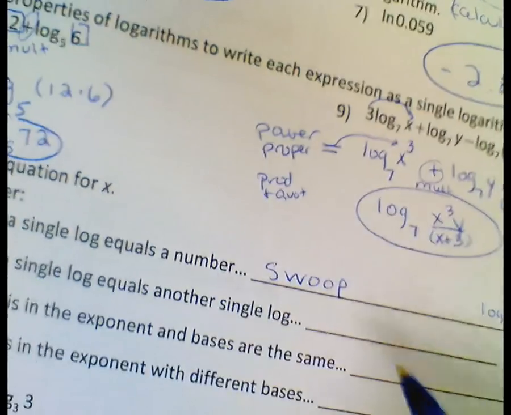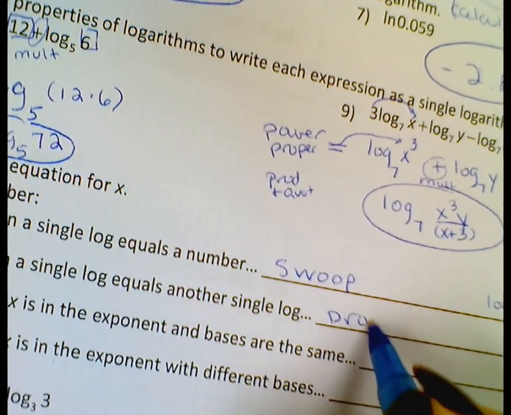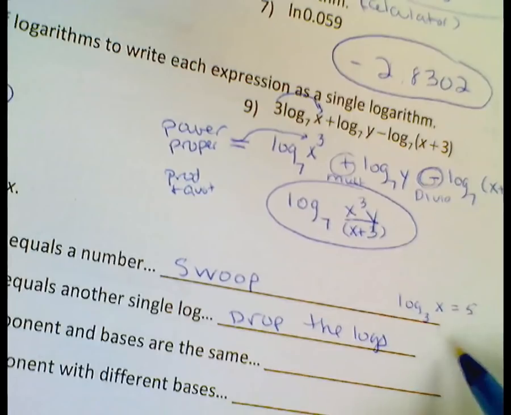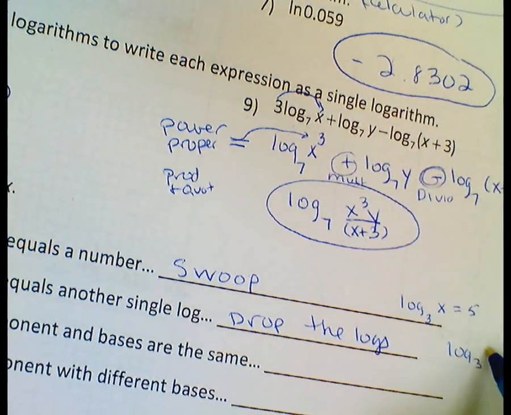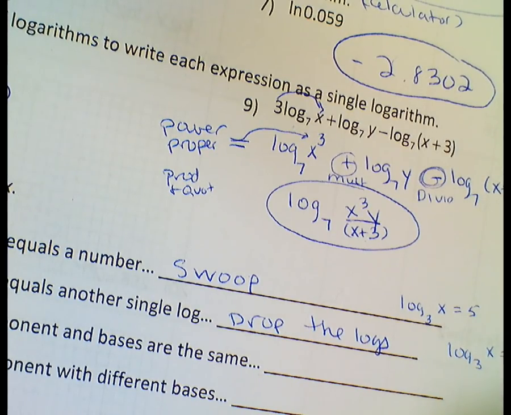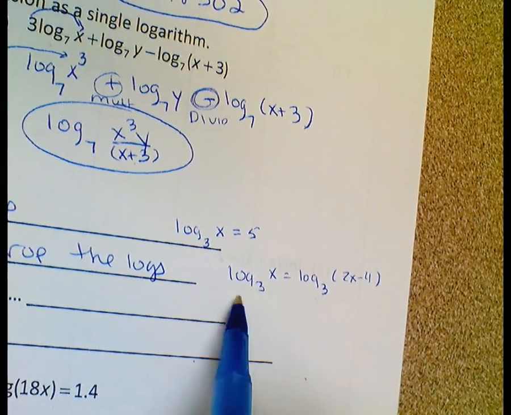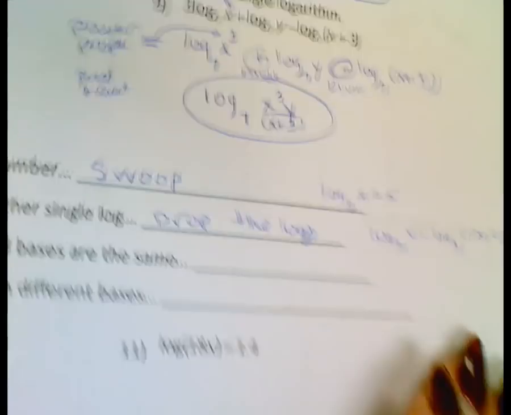When a single log equals another single log, you're going to drop the logs. So you might have log base 3 of x equals log base 3 of 2x minus 4, something like that. That's what I mean by having a single log on each side. That's when you drop the logs.